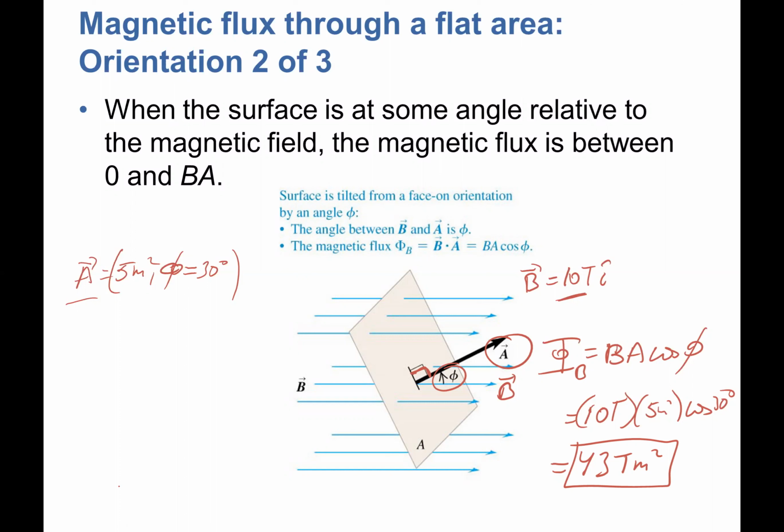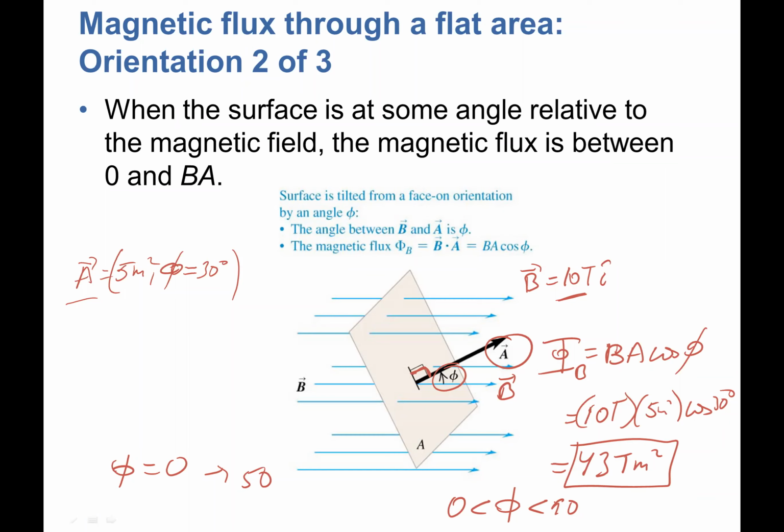So you can see, when the phi was 0, we had 50. When phi is increasing, that means when phi is greater than 0 but less than 90, the magnetic flux is decreasing as you increase this phi.